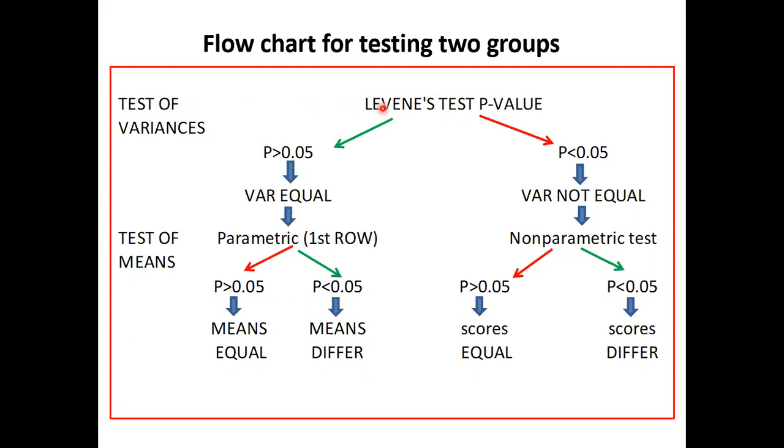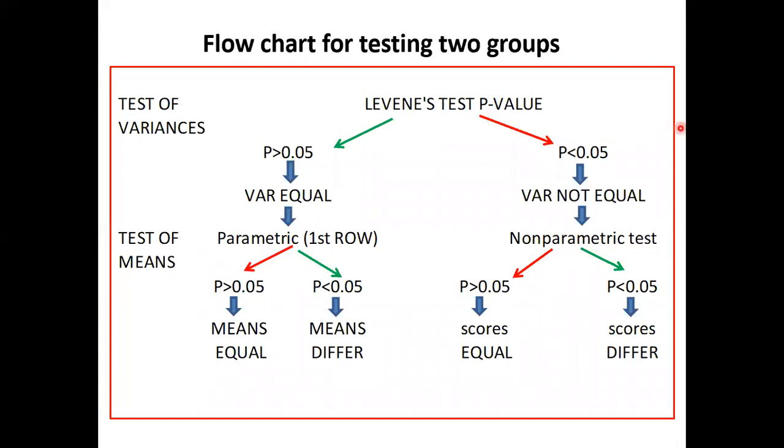If the P is more than 0.05, we say variances are equal. Then do a parametric test. If this p-value is less than 0.05, variances are not equal, then do a non-parametric test. So to decide whether parametric or non-parametric, we do this test first, right?